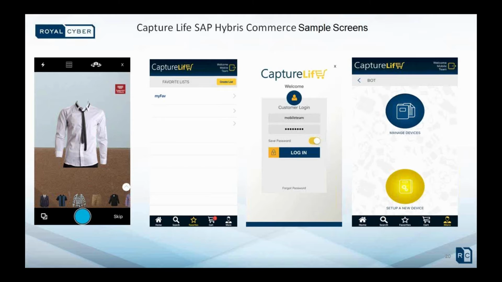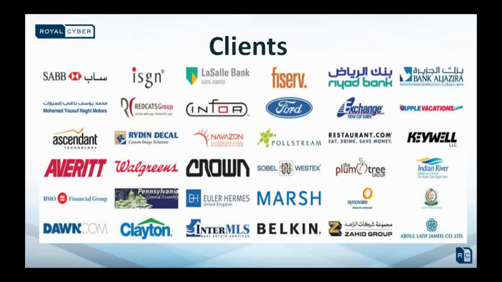At the beginning you also have a settings setup screen, so you could set up your CaptureLife. It is a very easy process to set up your screen using the manage devices option, and then you could access your screen.